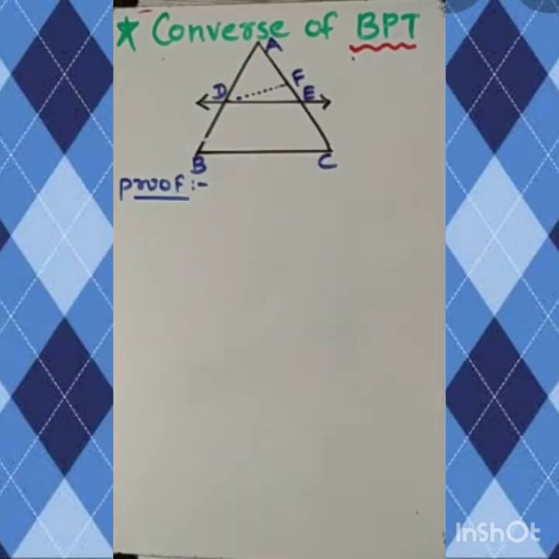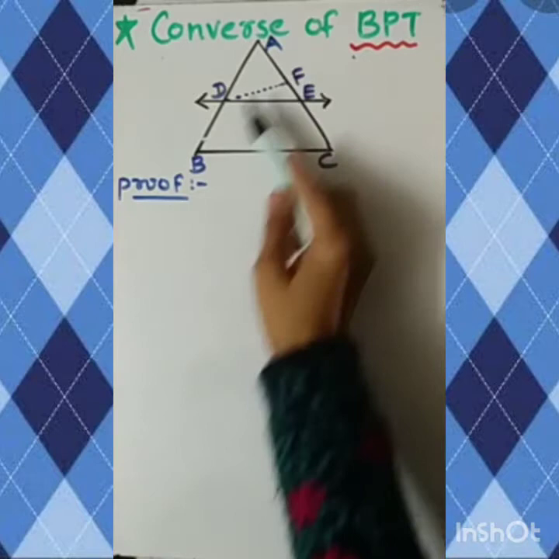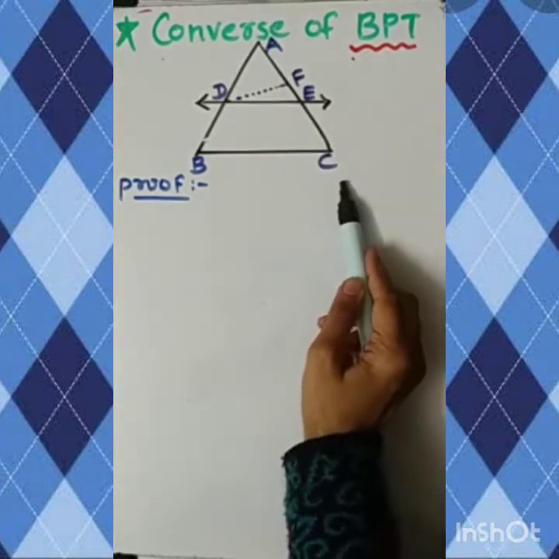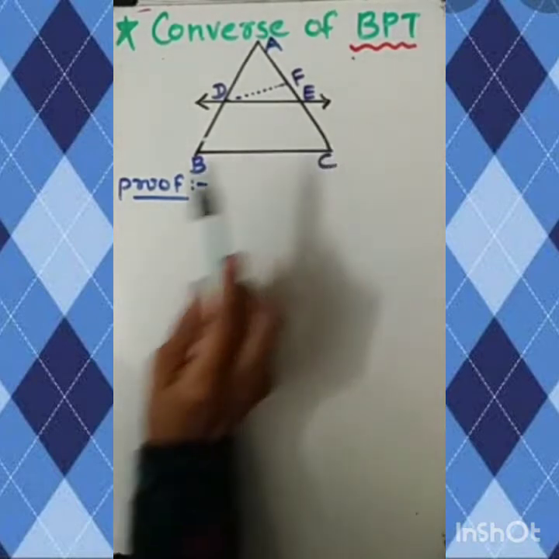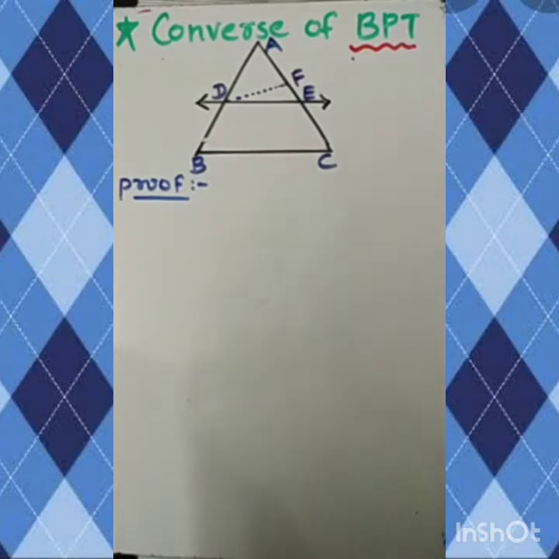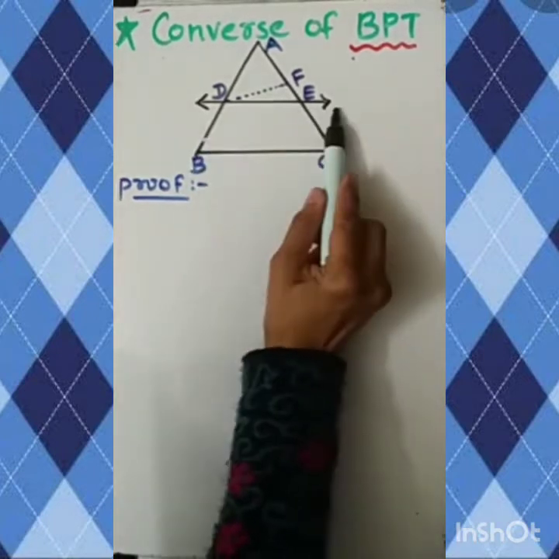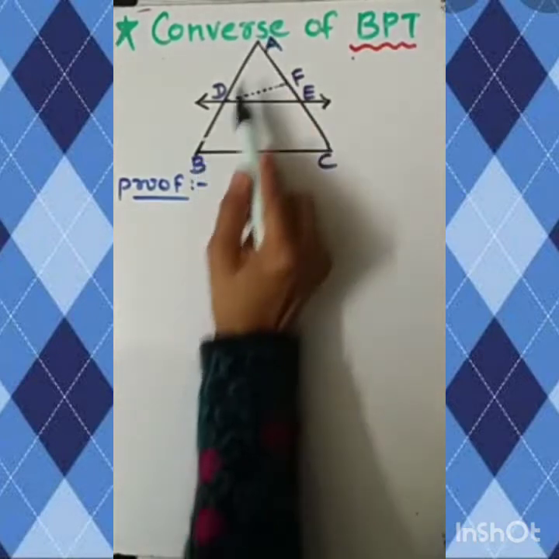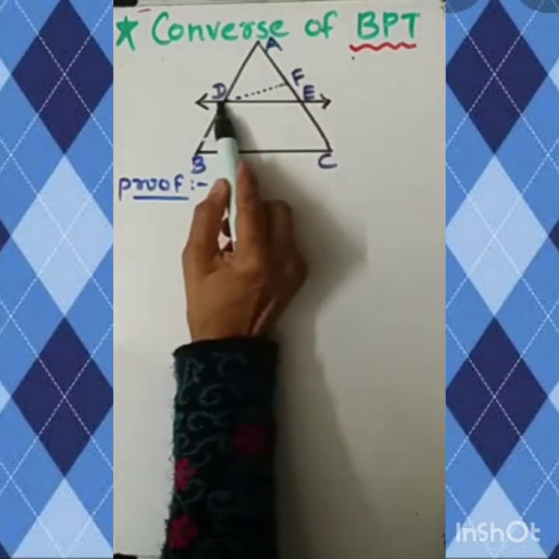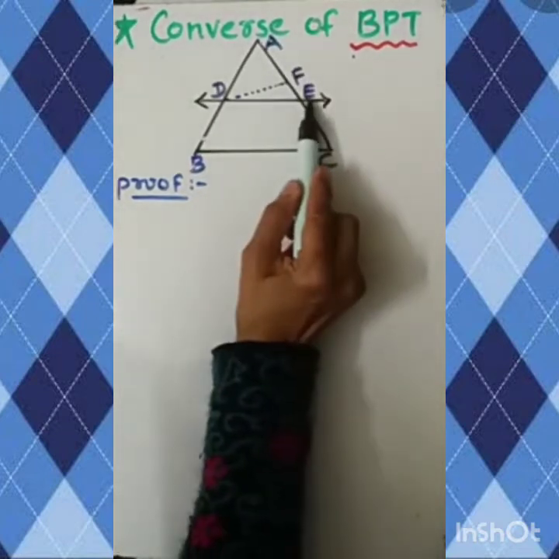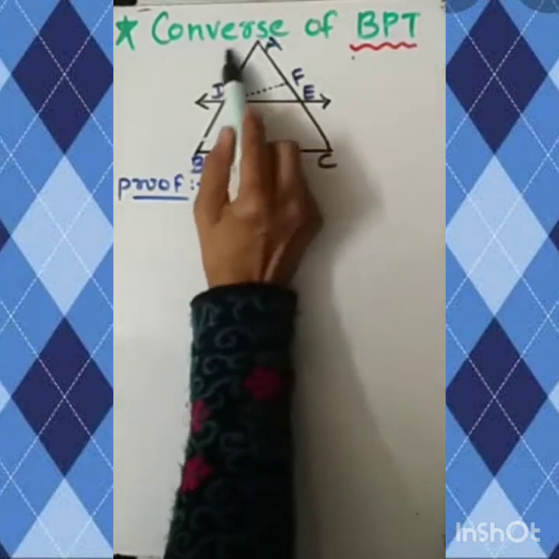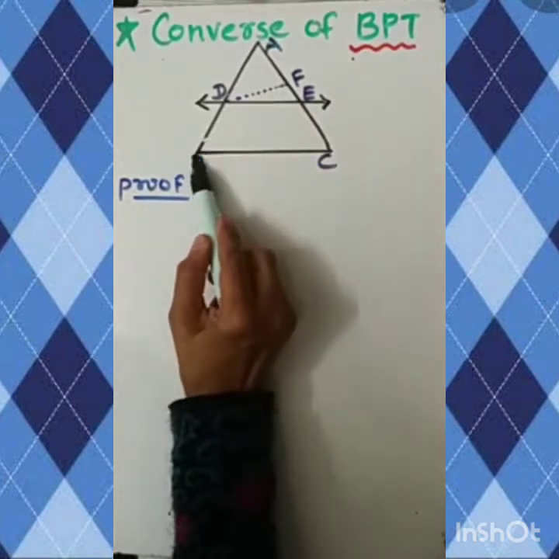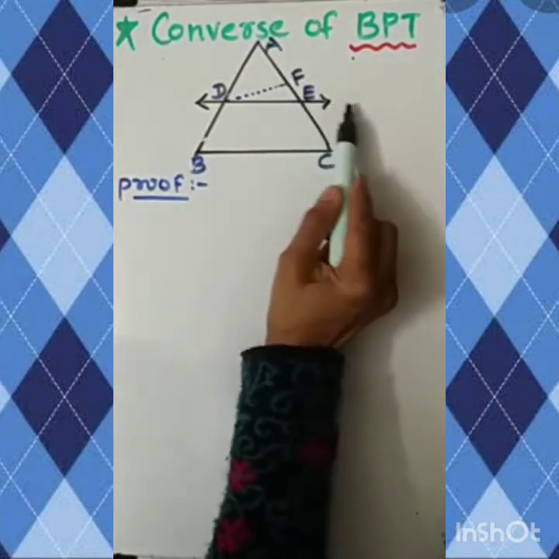Okay dear students, now we will continue with the converse of BPT. You can see the figure here. ABC is a triangle, and DE, as we have written, intersects AB at point D and AC at point E, so that AD upon DB is equal to AE upon EC.